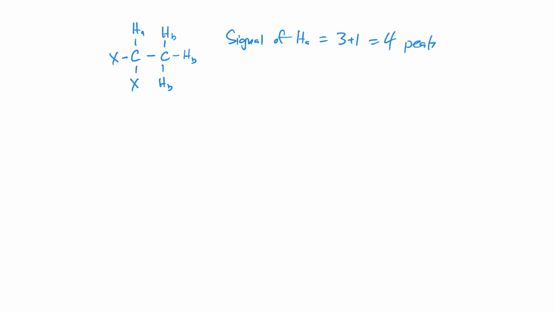So let's look at what happens if we have 3 neighboring hydrogens, 3 HBs. So the signal of HA equals n+1, 3 plus 1 equals 4 peaks, because there are 3 neighboring HBs to this HA.